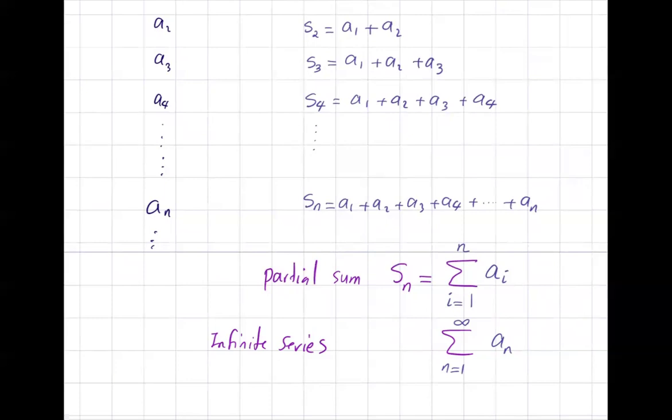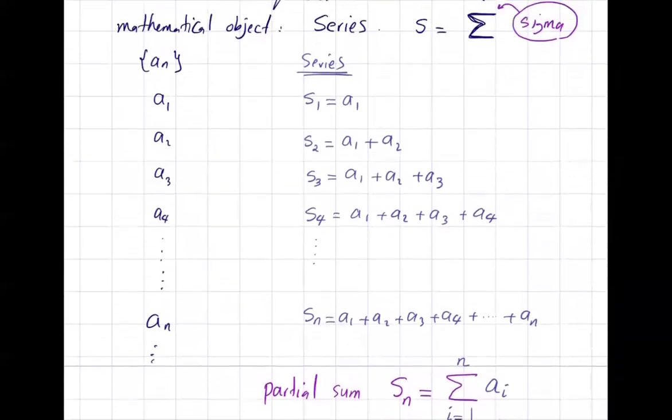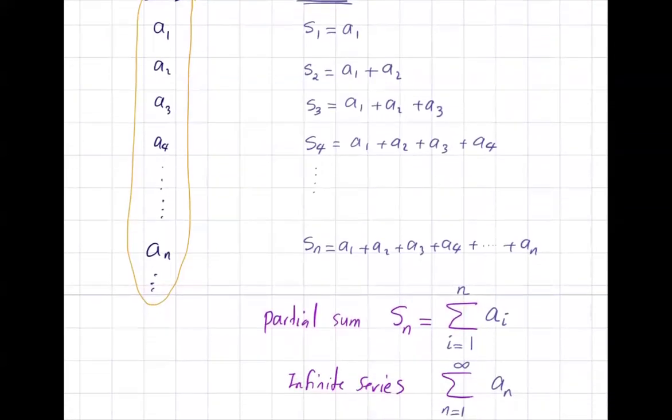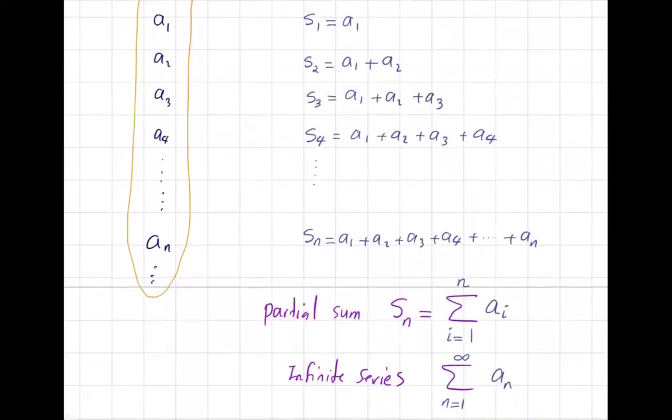In general, an infinite series is defined as the summation of a sub n from 1 to infinity. What is a sub n? It comes from the definition of a sequence that you learned before. So this is the introduction to partial sums and infinite series.